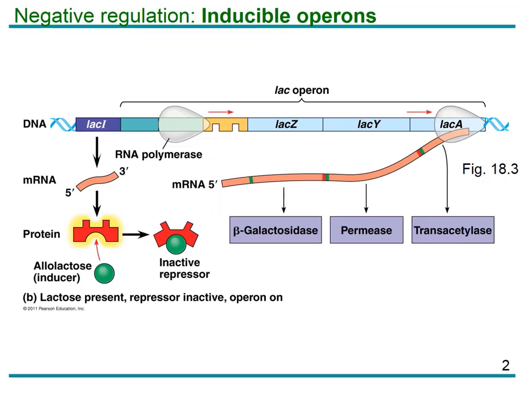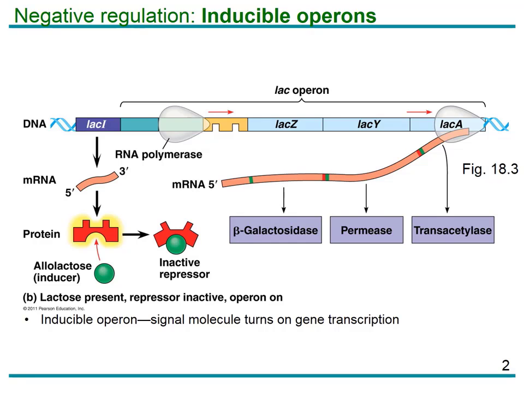However, when lactose is present, that lactose is going to bind to the repressor, making that repressor inactive. Now that the repressor is inactive, RNA polymerase is free to bind to the promoter, it's free to transcribe our lac operon, it's free to make the enzymes such as beta-galactosidase, which is a lactase and which will break down the sugar lactose. This is an example of what we call an inducible operon.